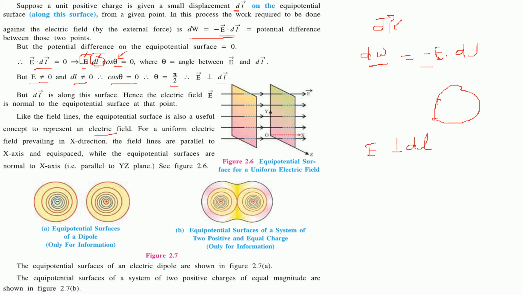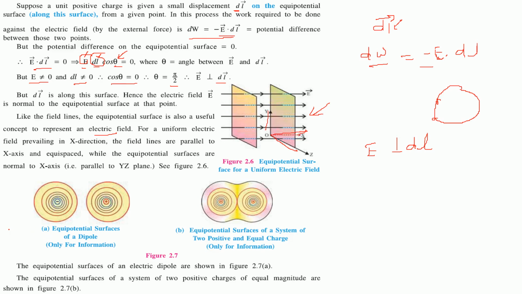That means you can say they are parallel to the yz plane. You can see here the equipotential surfaces for a uniform electric field, where this is y, this is z, and this is x. This is how you can observe the electrostatic potential or electric field.